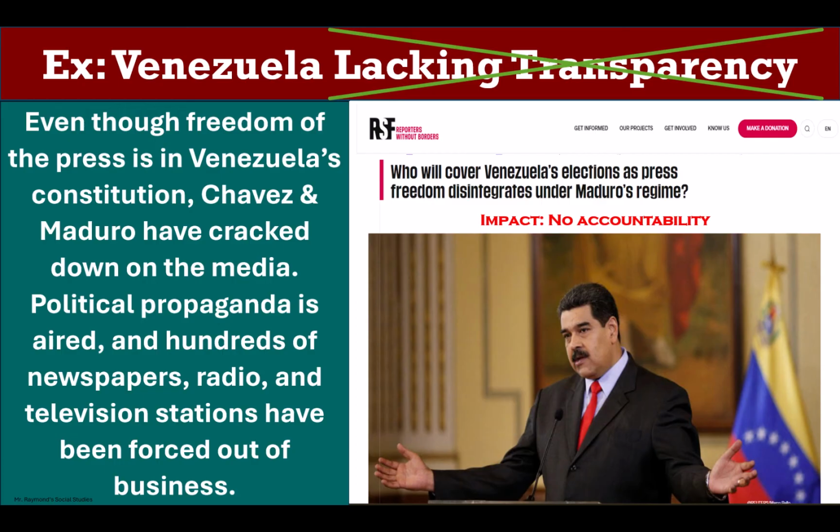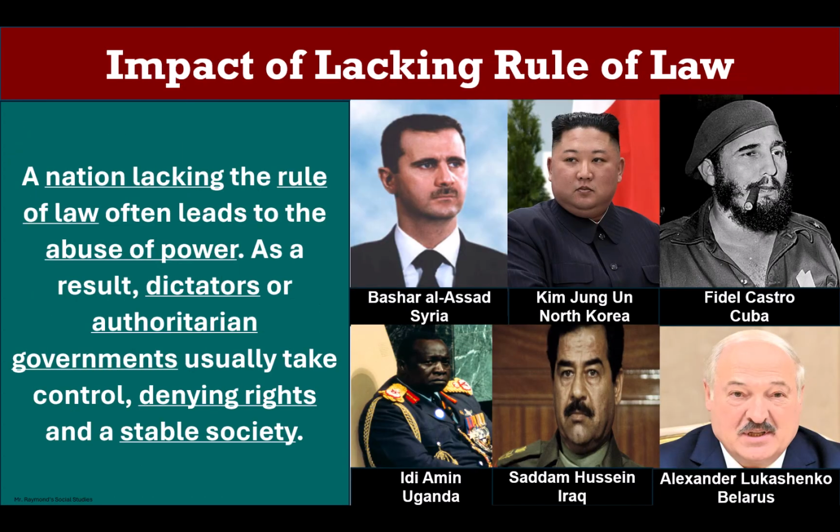Political propaganda is aired, and hundreds of newspapers, radio, and television stations have been forced out of business, demonstrating that lack of transparency inside the country. And history has repeatedly shown us the consequences of a state lacking the rule of law, demonstrating how important it is for ensuring freedom and equality in our world.